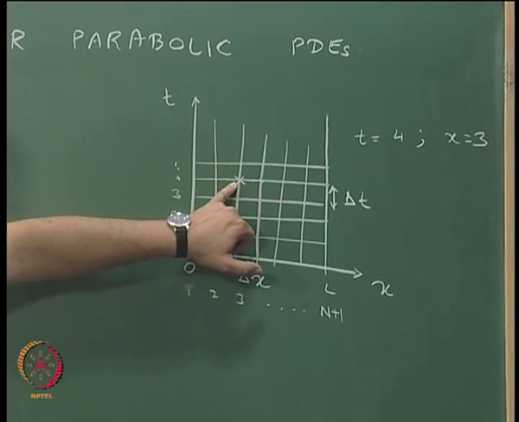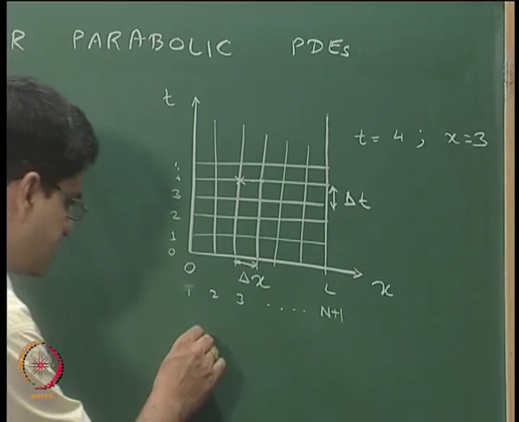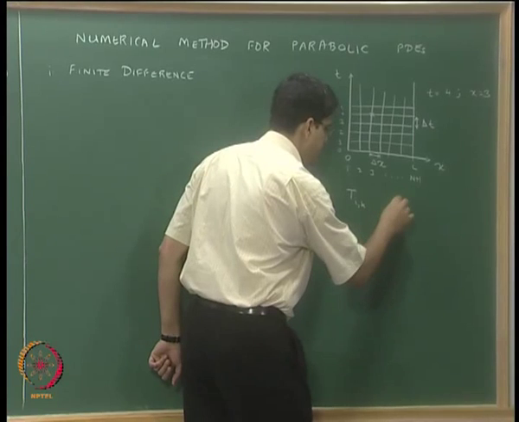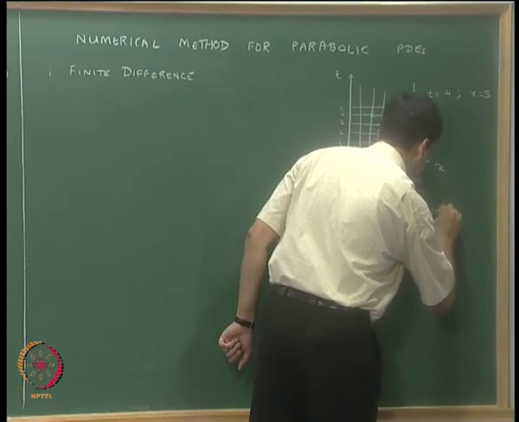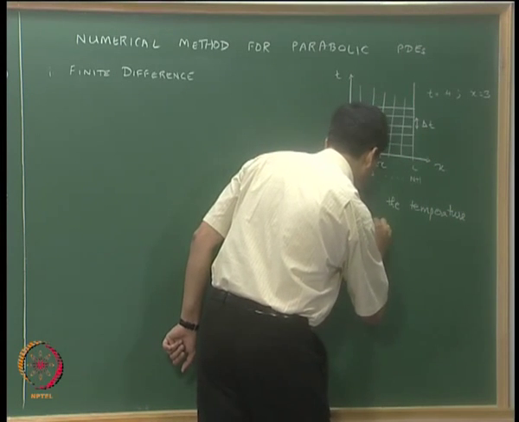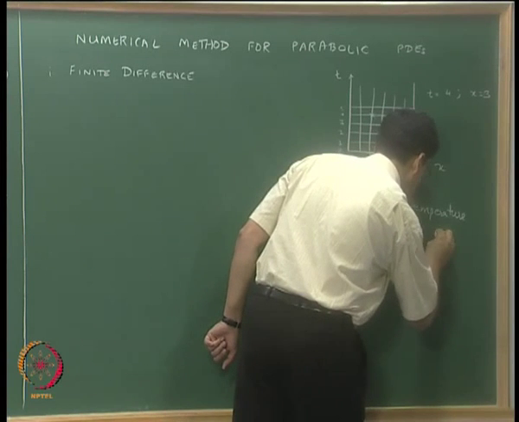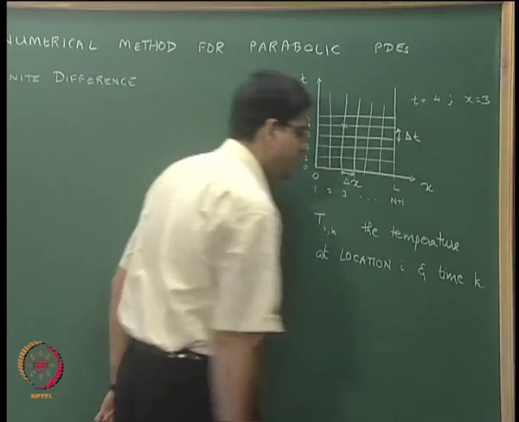Okay. So now we have the temperature represented at each of these points. Let us call T(I,k) the temperature at location I and time k.